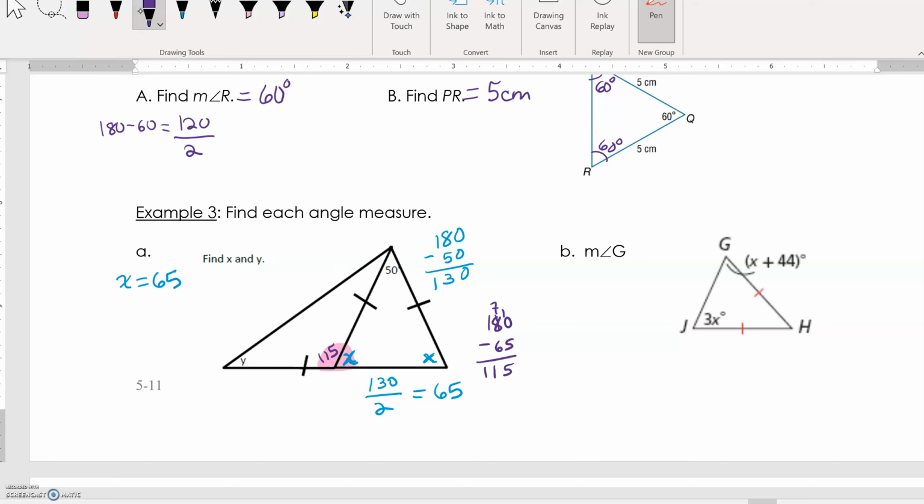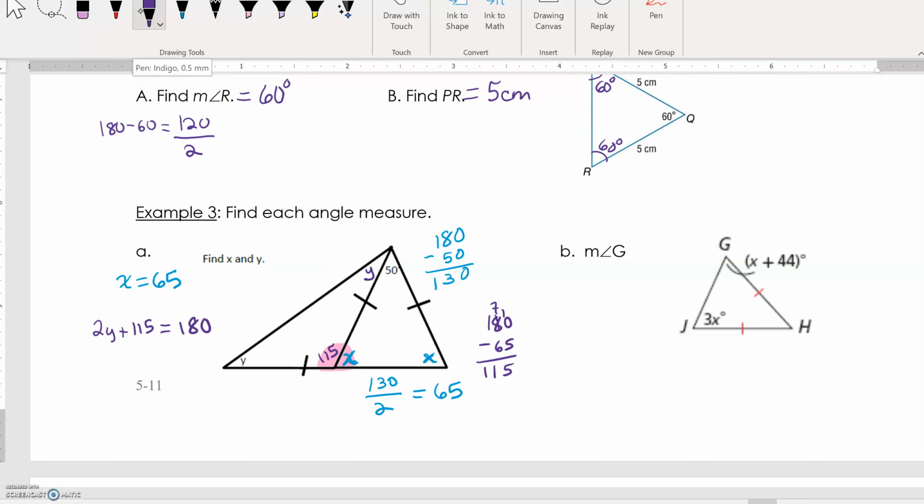So if this is 115 and these two sides here are congruent, that's why I know that 2y plus 115 is equal to 180. Now I didn't do the algebra over here because I wanted to show that you don't have to write it out algebraically, but if your brain works better that way, then you definitely can.